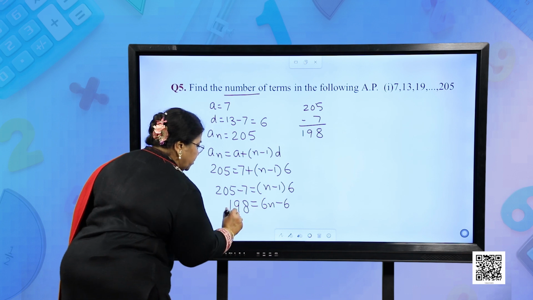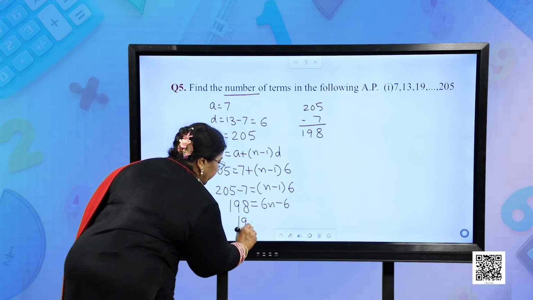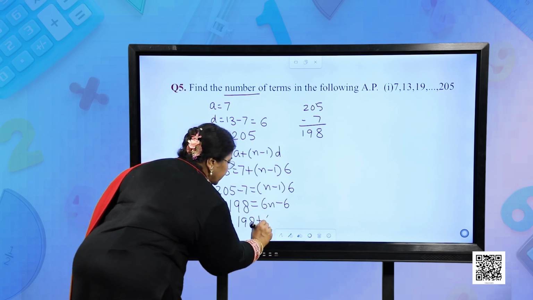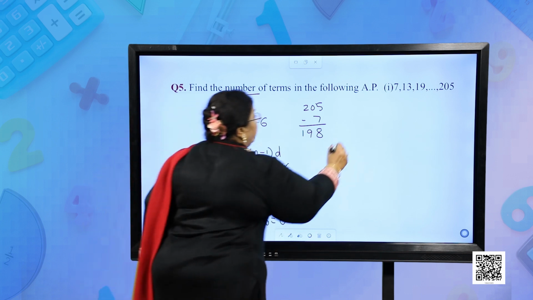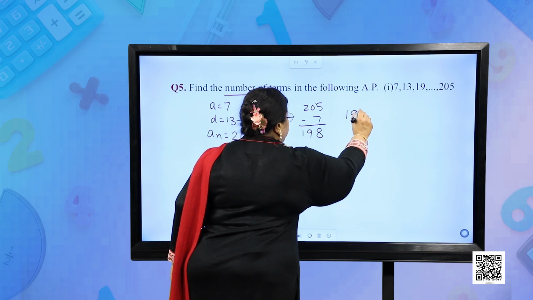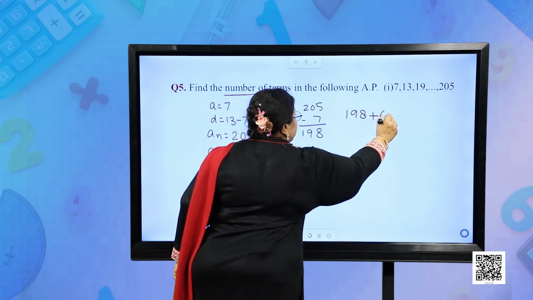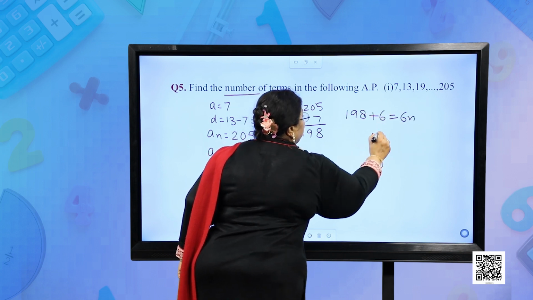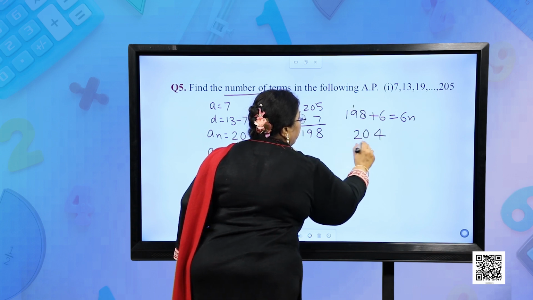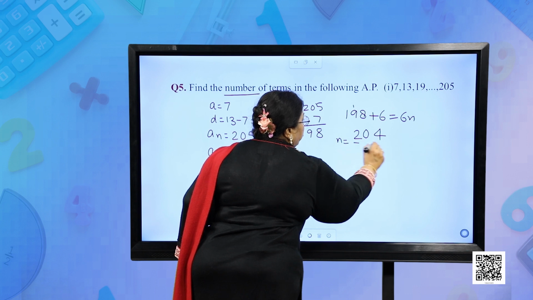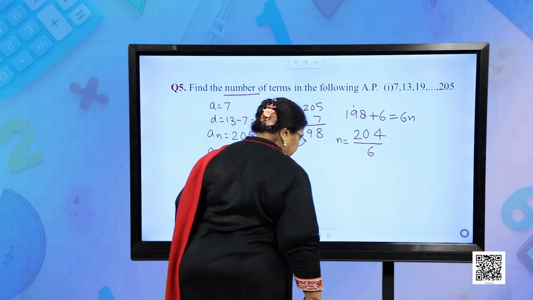If I bring 6 to this side, 198 plus 6 will give me 6n. Now, what is 198 plus 6? 204. So, n will be 204 divided by 6.